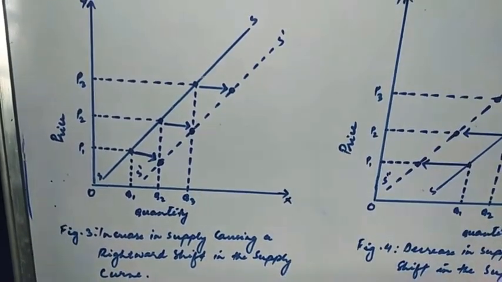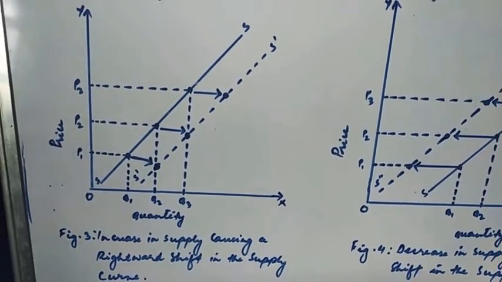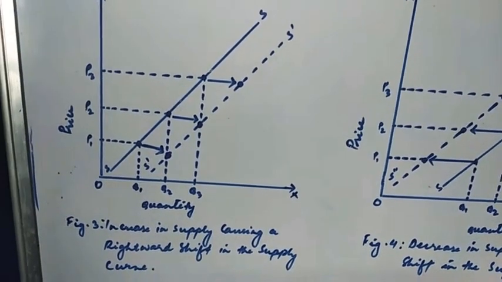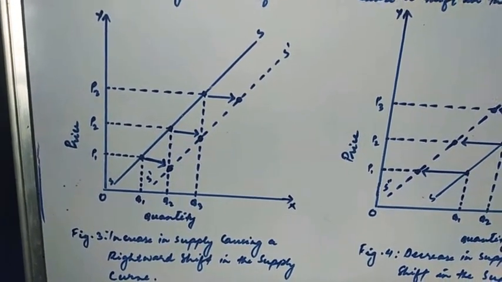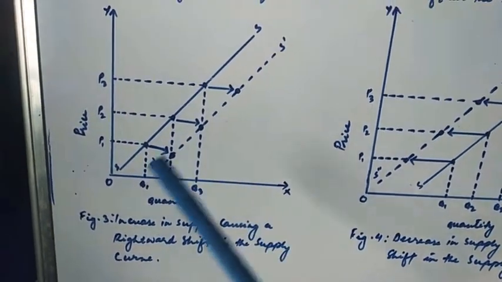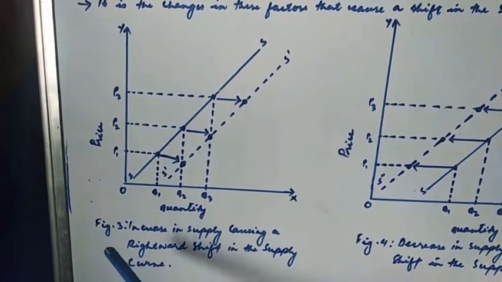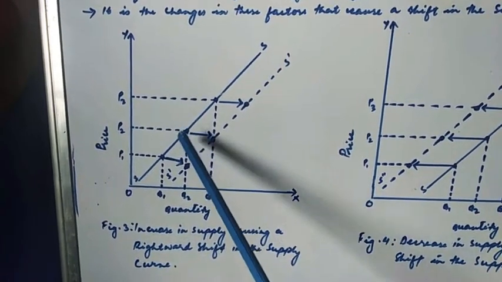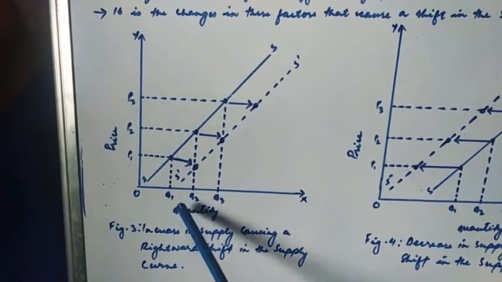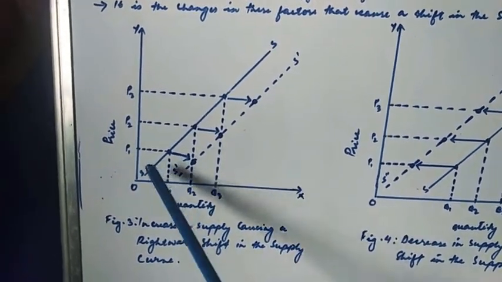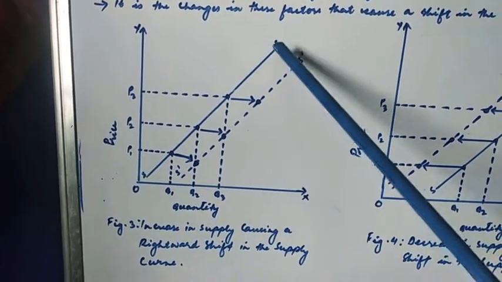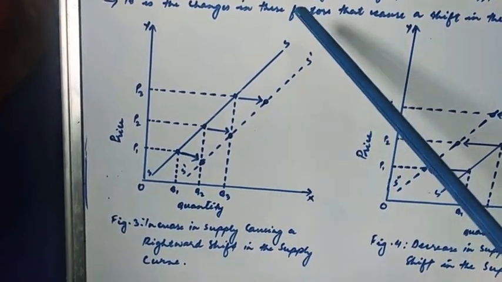This increase in supply of a commodity, due to the reduction in prices of inputs, would cause the entire supply curve to shift towards the right, as shown in figure 3. So, a rightward shift. In figure 3, we are again measuring quantity on the x-axis and price on the y-axis, and SS is the original supply curve.